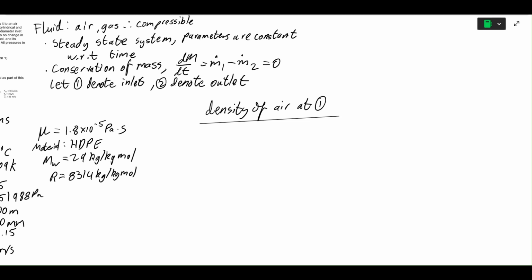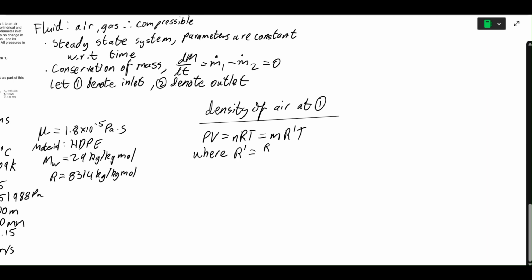So, using the ideal gas law, which is PV is equal to nRT, which is equal to mR'T, if we write it in terms of mass, where R' is just equal to the ideal gas constant over the molecular weight, which is the same as pressure over density multiplied by temperature.